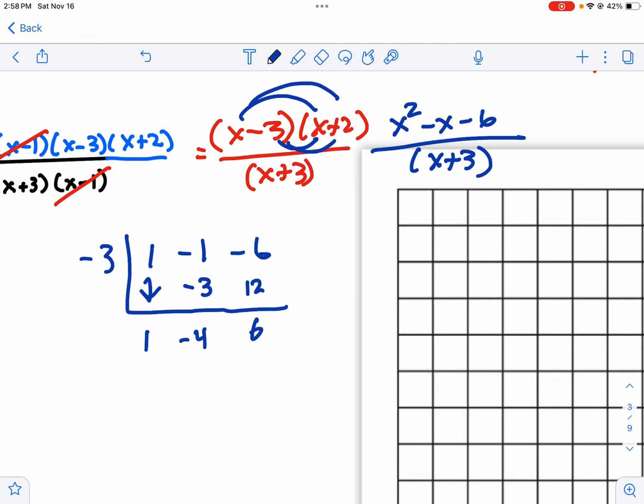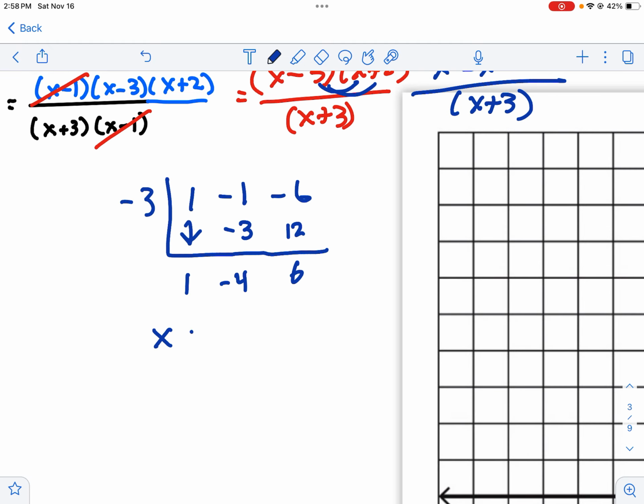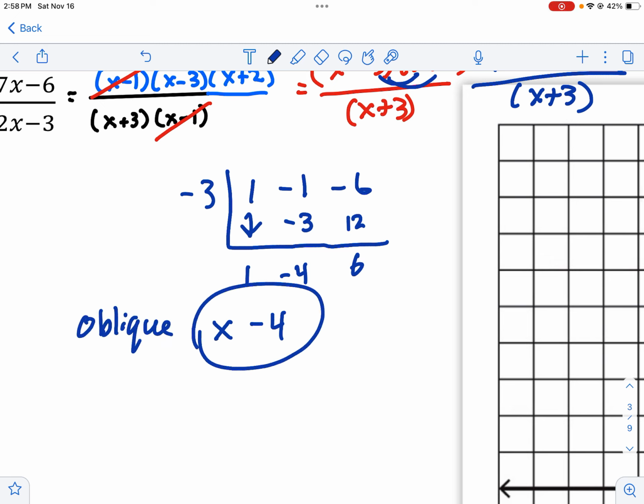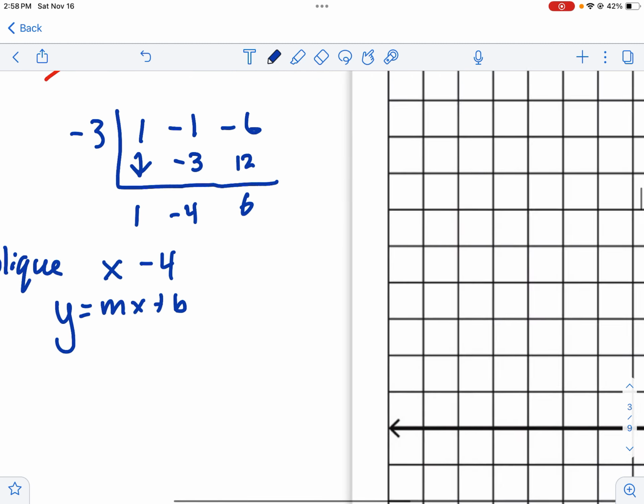So this is x minus 4. That is my oblique asymptote. So you graph this the same way you would graph a y equals mx plus b. So actually, let's graph that right now so you see what I mean.